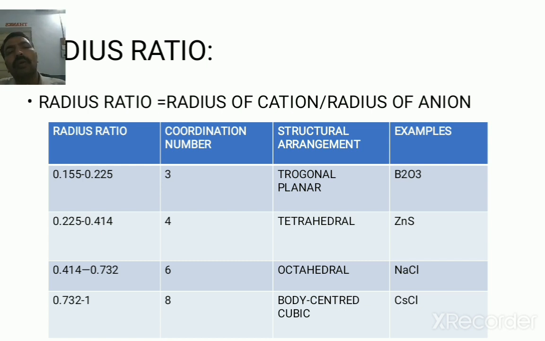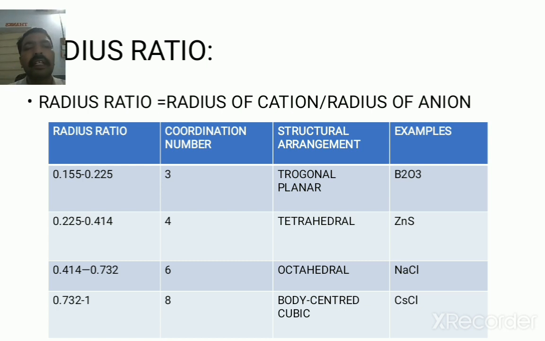If the radius ratio is in the range of 0.155 to 0.225, then the coordination number is 3 and the shape is trigonal planar. An example is B2O3. If the radius ratio is in the range of 0.225 to 0.414, then the coordination number is 4 and the shape is tetrahedral.